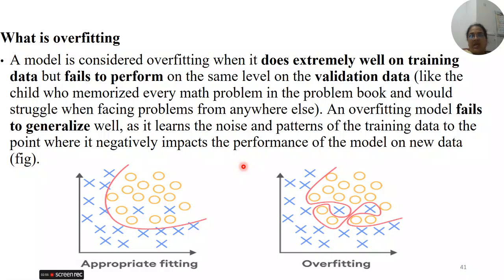Why does this happen? Maybe the student has studied a lot of things, so he or she may not be able to regularize them or remember them. An overfitted model fails to generalize, as it learns the noise and patterns of the training data to the point where it negatively impacts the performance of the model.